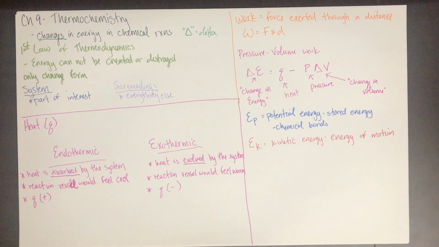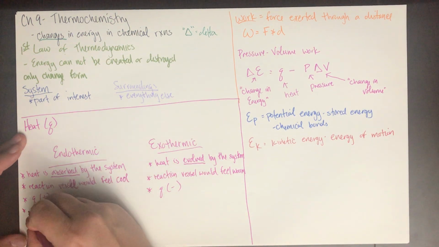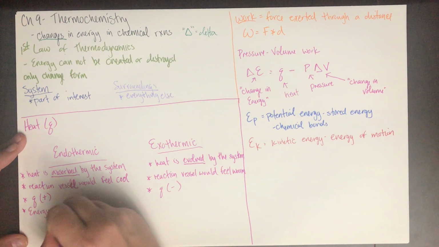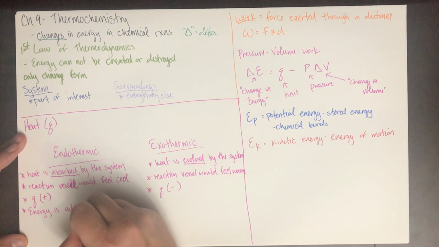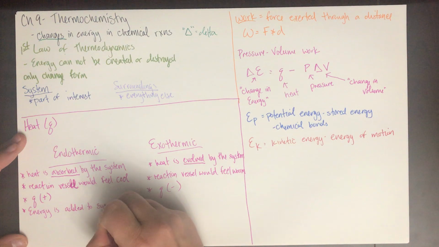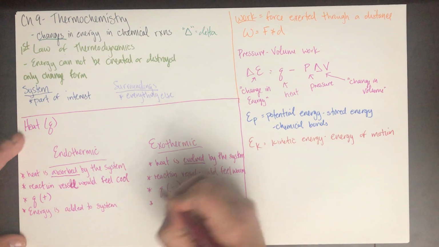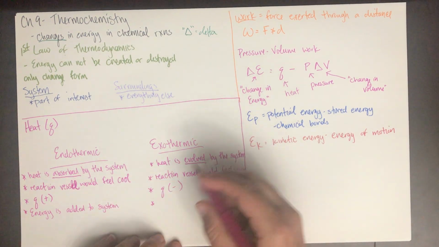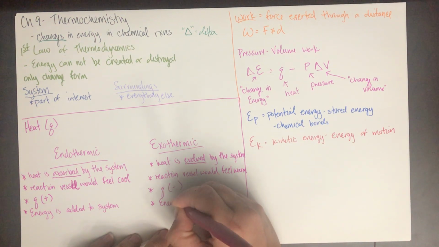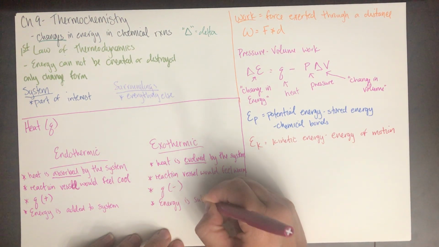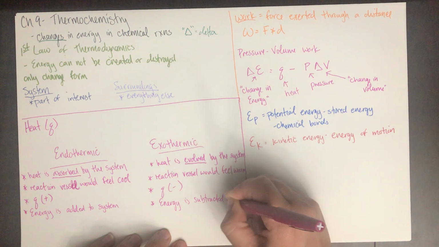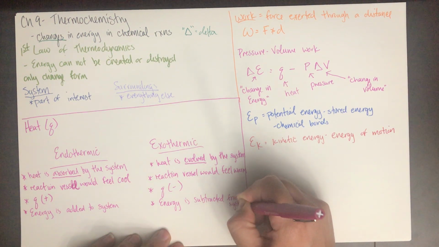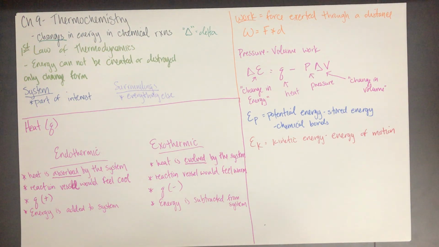Another thing you could say about an endothermic reaction is that energy is added to the system. And for an exothermic reaction, it would be energy is subtracted from the system. So this is the basis of what we're going to be talking about. And actually another term that is synonymous with heat is enthalpy.